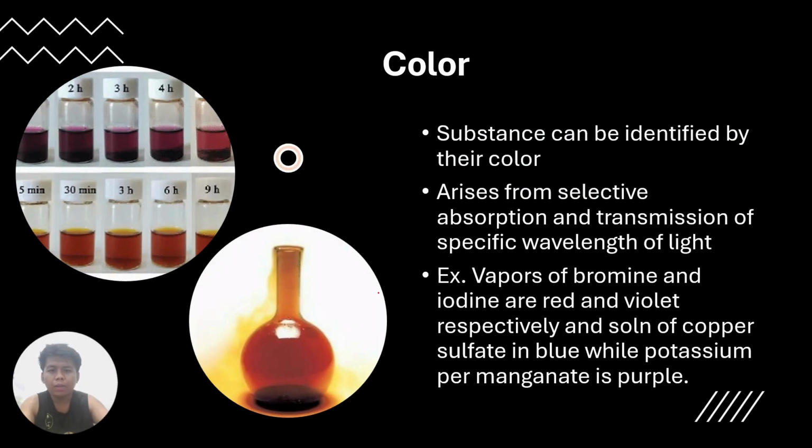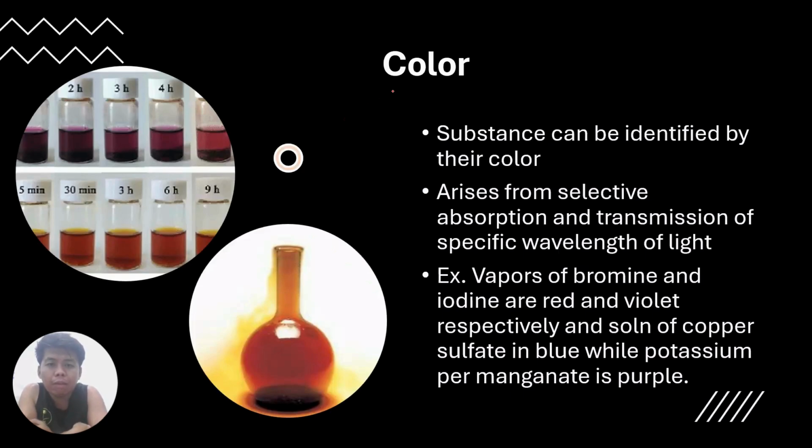So now let us continue our discussion about colors. In chemistry, guys, colors are very important because colors can be used to identify a substance. Actually, color arises from a selective absorption and transmission of specific wavelengths of light.